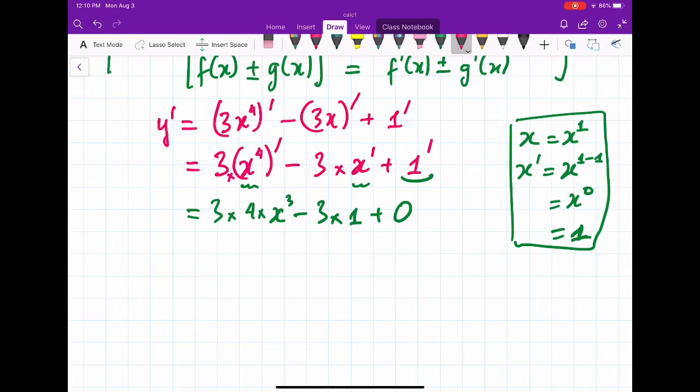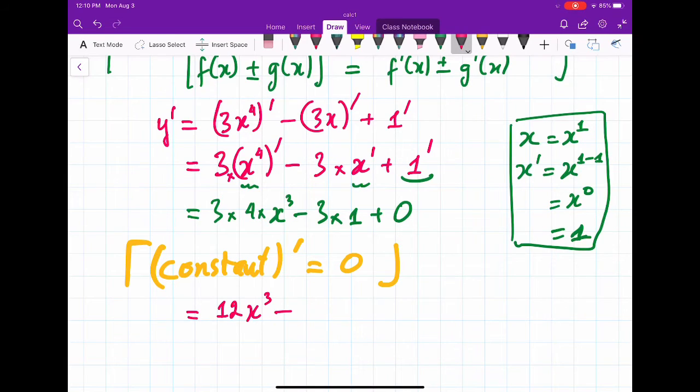Because if you differentiate any constant, you get 0, because the function does not change. So if the function does not change, the rate of change should be 0. Does that make sense? From this observation you have 12x cubed minus 3. And that is your derivative.